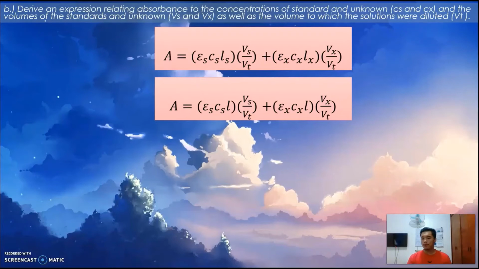Since they're both using the same machine, that means they're both using the same cell, the same cuvette. That means that the pathway used is the same, so there's no need for LS or LX.